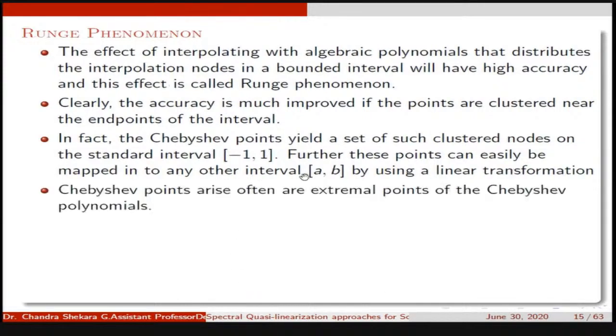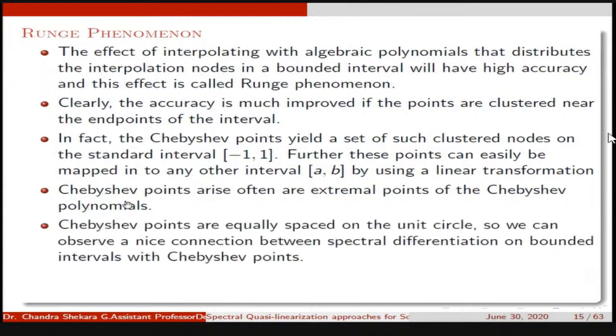The Chebyshev points or the Gauss-Lobatto points are nothing but the extremal points of Chebyshev polynomials. Chebyshev polynomials are solutions of Chebyshev differential equations, which I mentioned at the beginning. As you observed in that figure, the Chebyshev points are equally spaced on the unit circle.